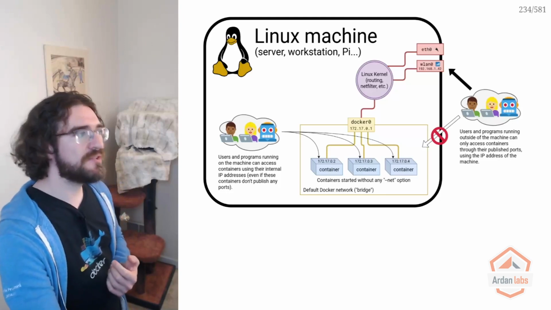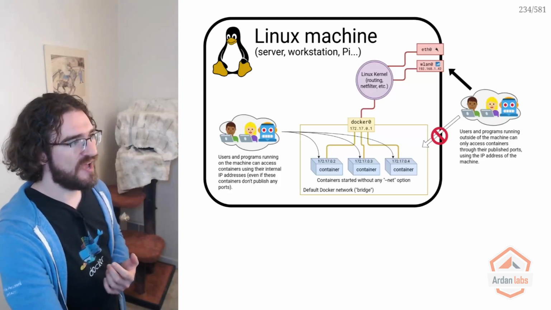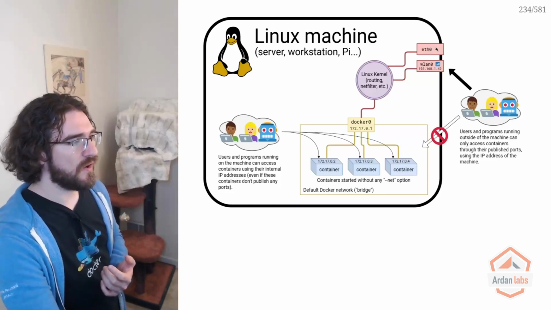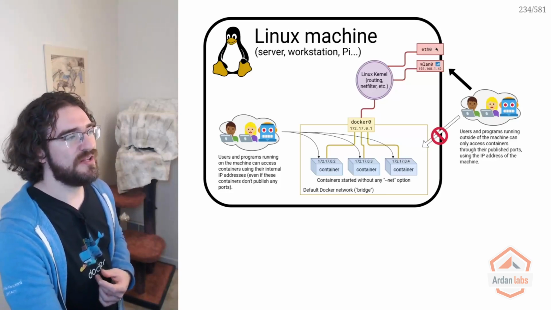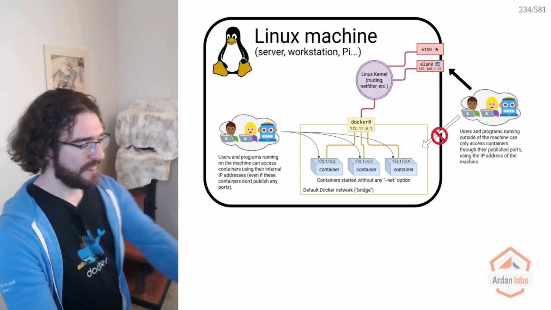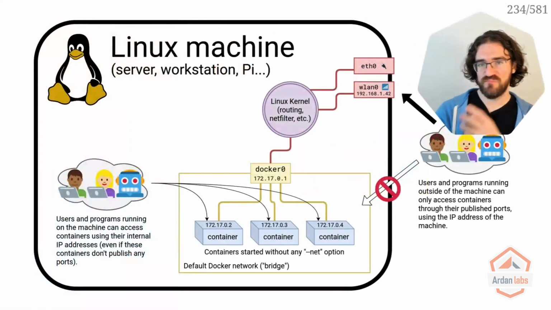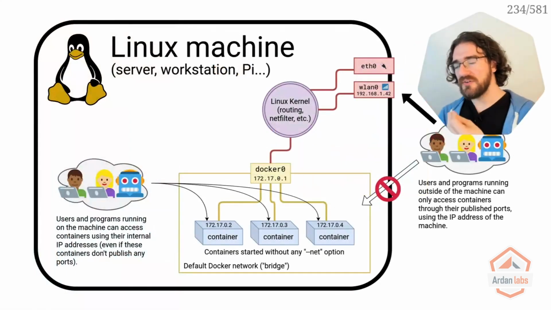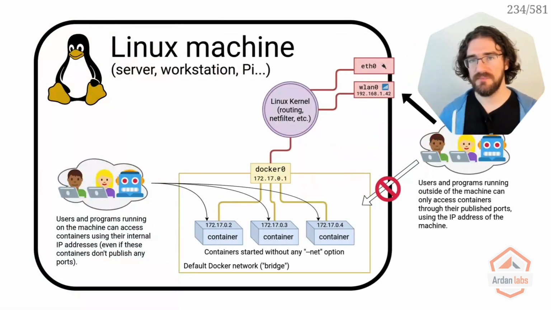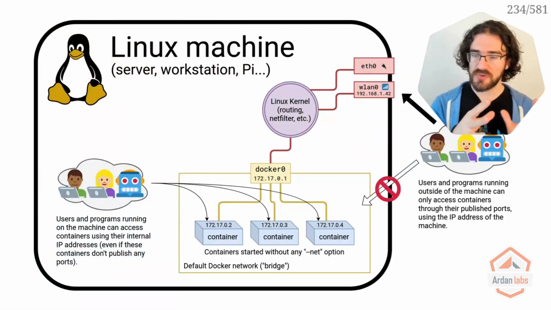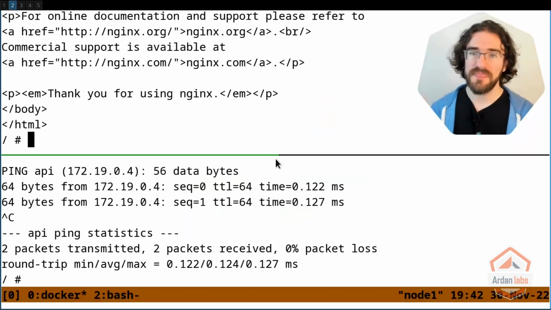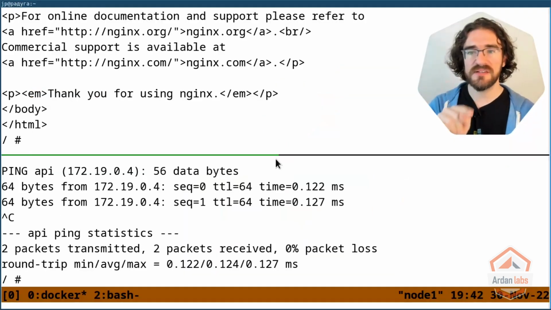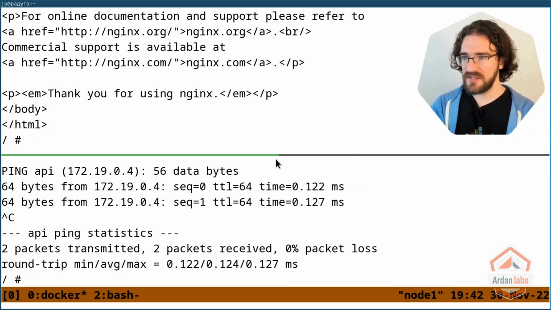You have your Linux machine, and you have your containers running on a network. And then you have the Linux kernel that's going to route and bridge packets between the containers, but also between the containers and the outside world. So that's what we do on these environments here.